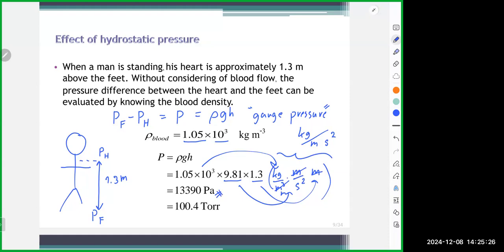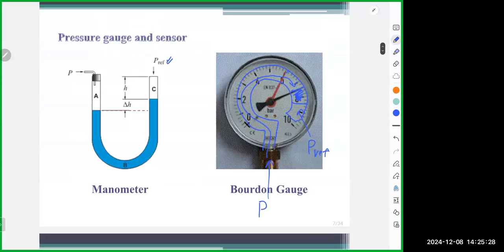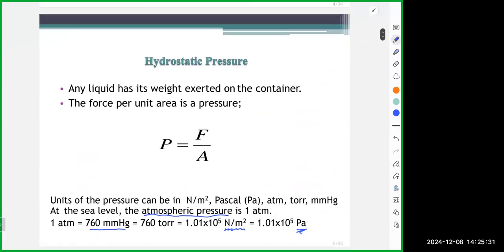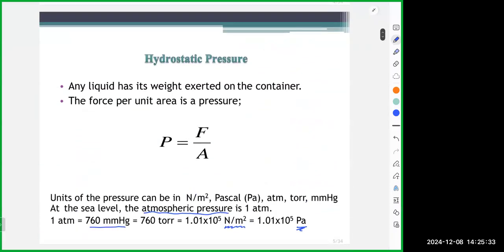To change from Pascal into torr, you can use this equation. For example, if you get the answer in Pascal and you would like to change it into torr, you just set the unit that you want and the unit that you would like to get rid of. Okay, something like this. And you use the identity.